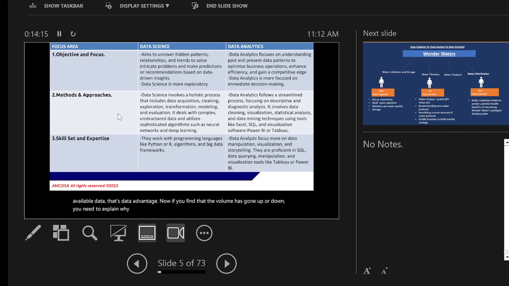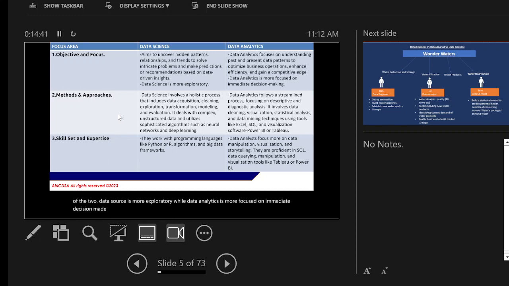So data analytics cannot assist you in that. Now, that's where data science comes in. It tries to answer the question why. But data analytics answers what has happened and so on. So, in summary, when you look at the objective and focus of the two, data science is more exploratory, while data analytics is more focused on immediate decision making.